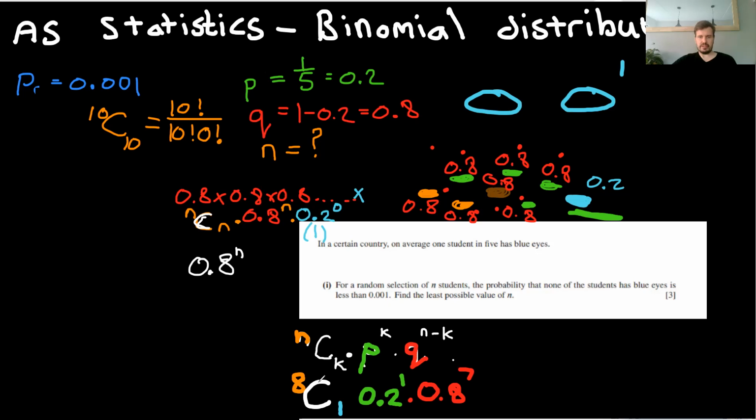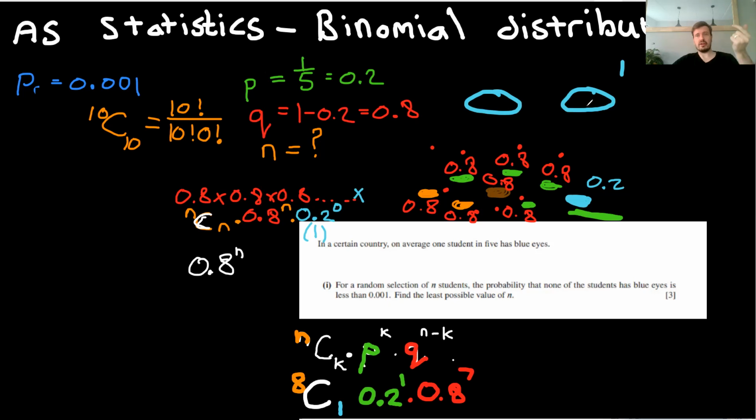Now the reason for this 8 choose 1 is because let's say that you picked everyone from the beginning, and you said, well, let me check the first guy. First guy has blue eyes, which means all the other 7 would have not blue eyes, but the second person could be the one who has blue eyes, or the third person could be the one with blue eyes.